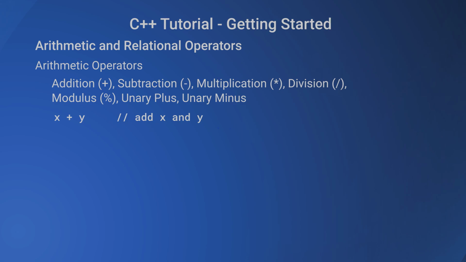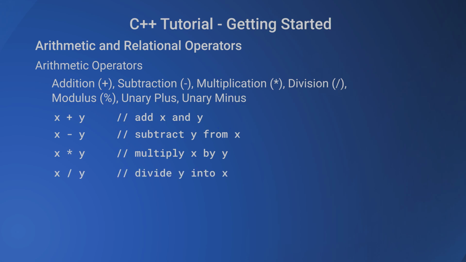For example, x + y adds x and y, x - y subtracts y from x, x * y multiplies x with y, and x / y divides y into x, that is, x is the dividend and y is the divisor. The modulus operator is represented by the percentage sign.